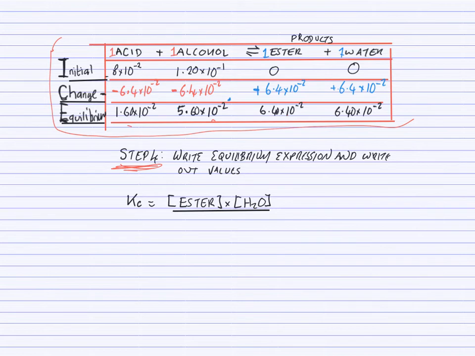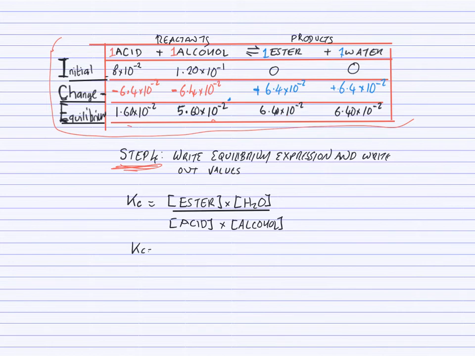And the concentration of the reactants is the concentration of the ethanoic acid multiplied by the concentration of the alcohol. Notice I haven't put the chemical formula in because it's a lot faster to write simply acid and alcohol. And you can use this expression for any esterification.